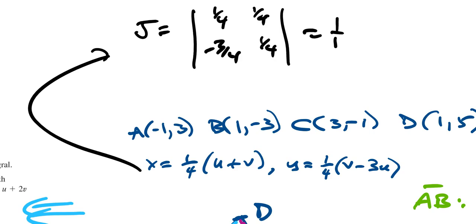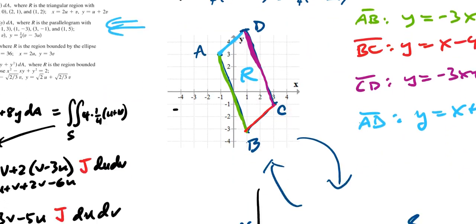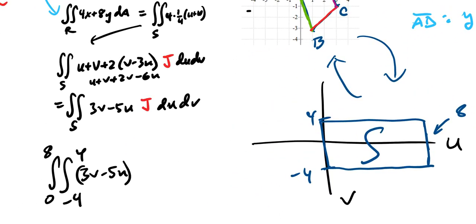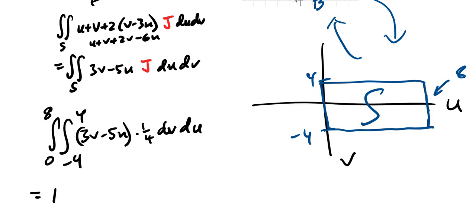The determinant of this is 1/16 plus 3/16, which is 4/16, which is 1/4. It's already positive, so that's okay. Leave it positive. This becomes 1/4 here, and then we do dv du. That's a pretty simple integral to solve. The answer is 192 when you do the math.